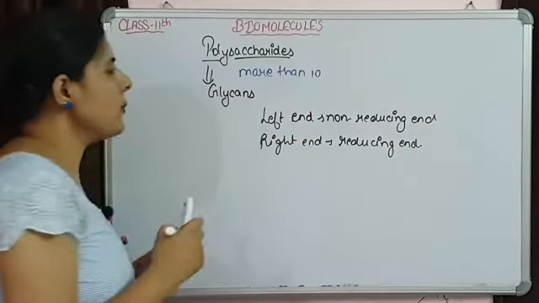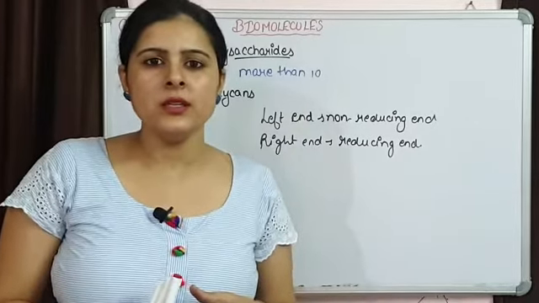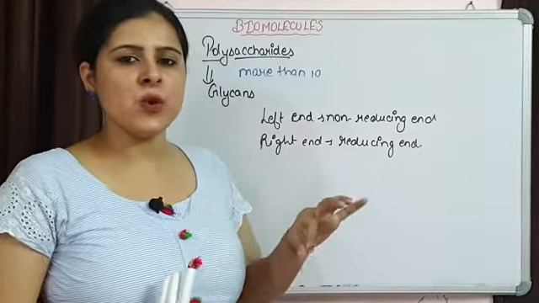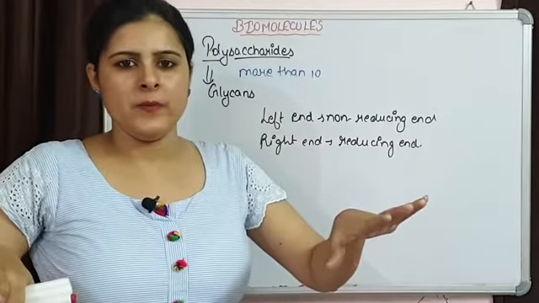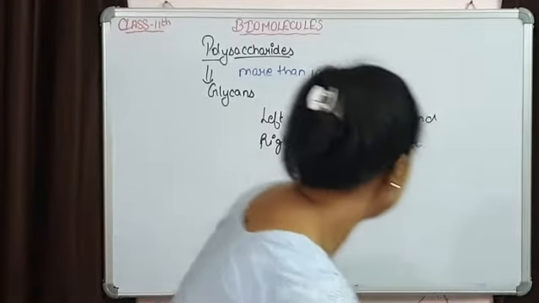Now depending upon which different types of monosaccharides are combining together to form the polysaccharides, we have divided these polysaccharides in two categories: homopolysaccharides and heteropolysaccharides.